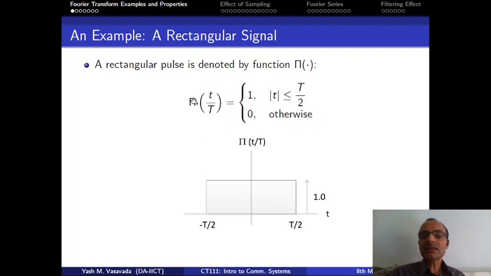It is denoted by this capital pi letter, and it is parameterized by the length of the pulse, which is denoted as capital T. The definition of this rectangular pulse is that when the time is less than half of capital T, either on the positive side or the negative side, as shown here, the rectangular pulse has a unit value.